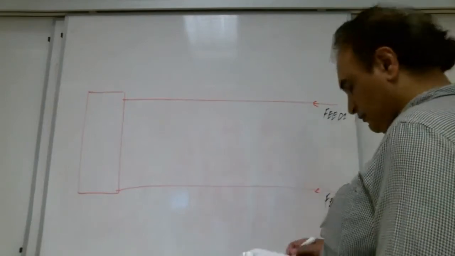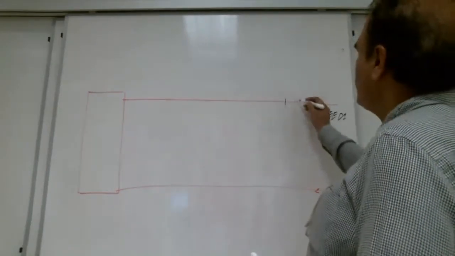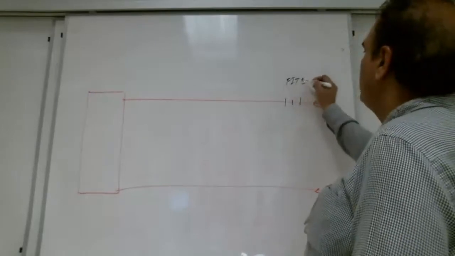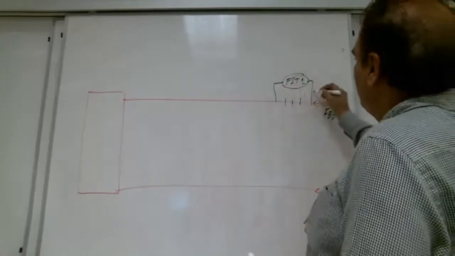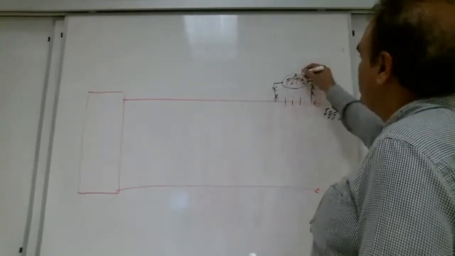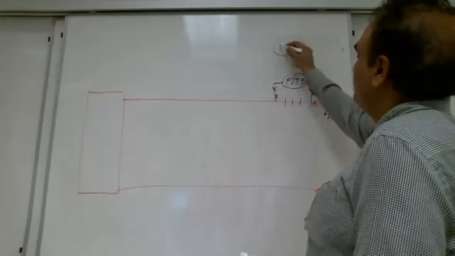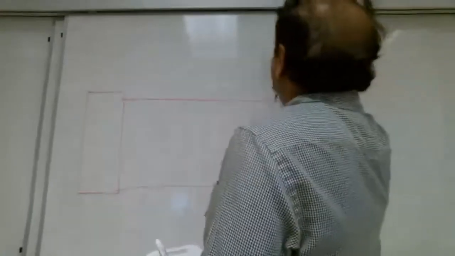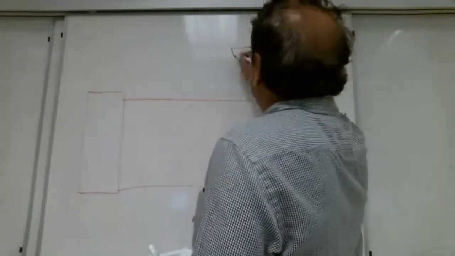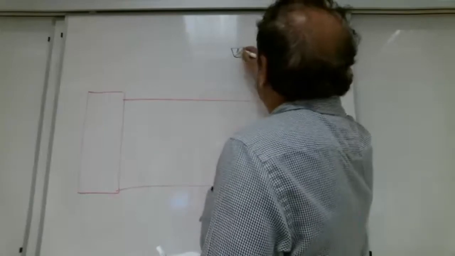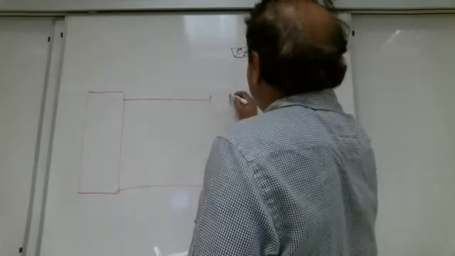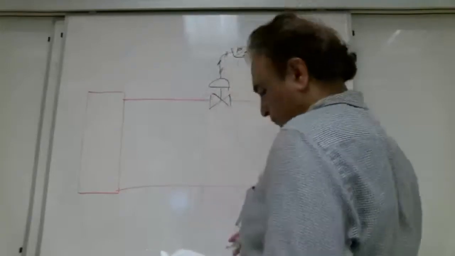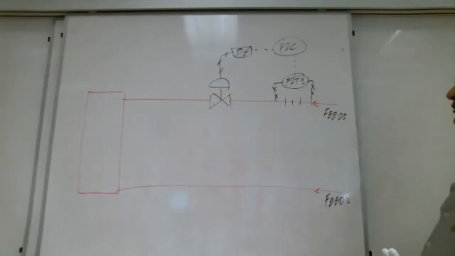So here we have a sensor, transmitter, it is sending signal to the flow indicator controller. It is sending signal to the I to P converter. There is a valve here, like this. This is feed 1.